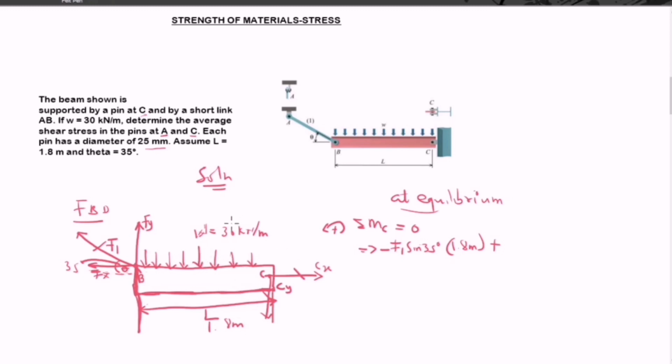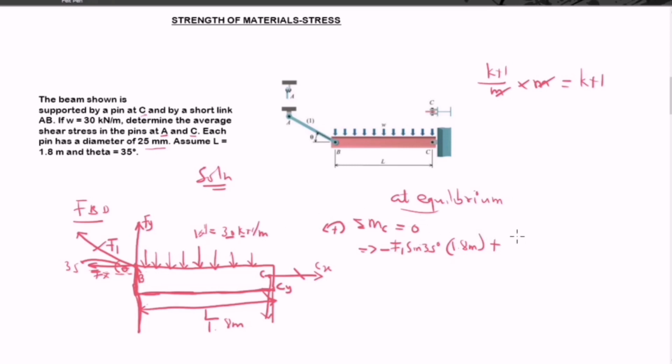They gave us the unit of 30 kilonewton per meter, and we need to find the force here using the total distance. Note that when we multiply, let's do some arithmetic here. When you multiply kilonewton per meter by meter, the meters cancel out. We are going to have our force, which is kilonewton.